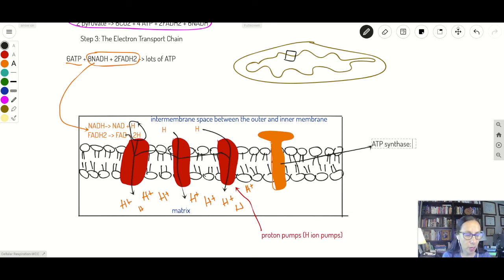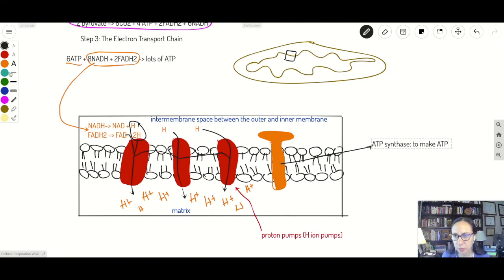The way that it does that is that these hydrogen ions are going to passively diffuse through ATP synthase, which generates enough energy for the ATP synthase to phosphorylate ADP into ATP.